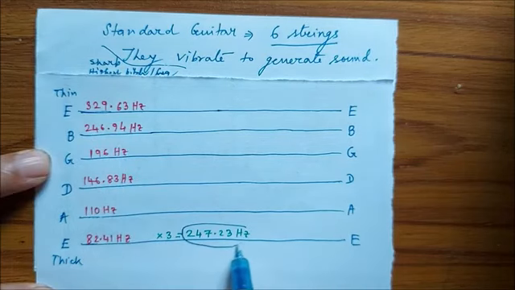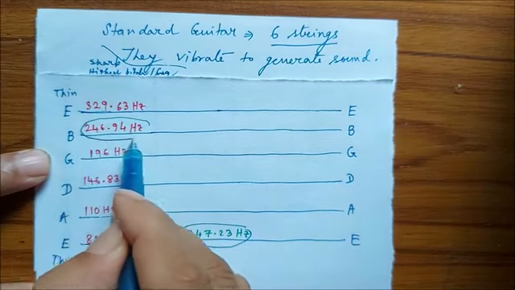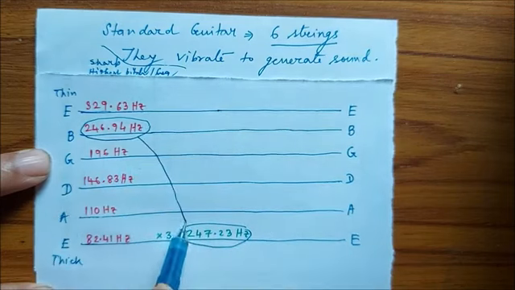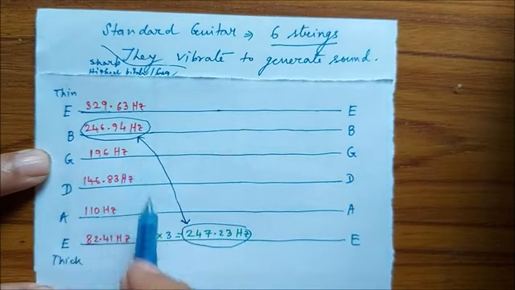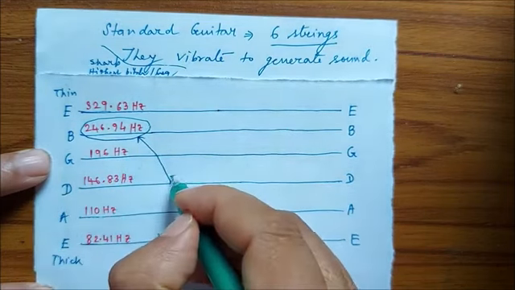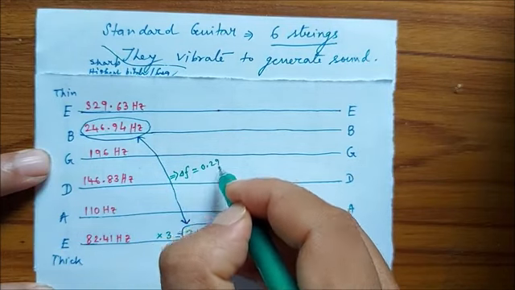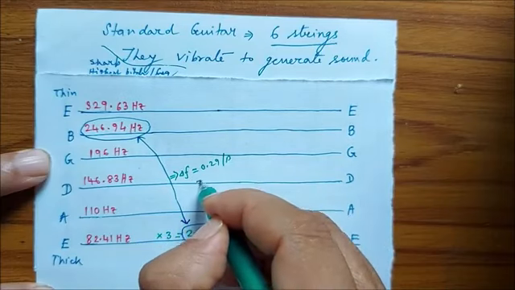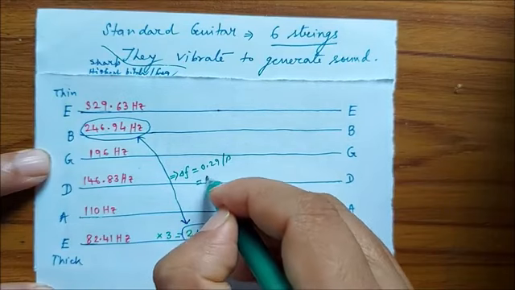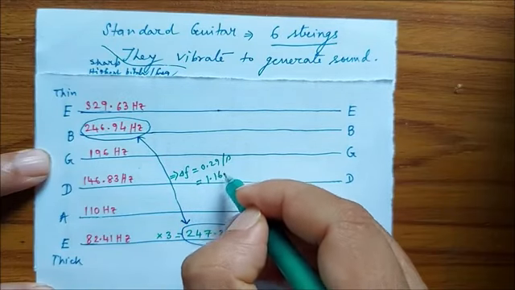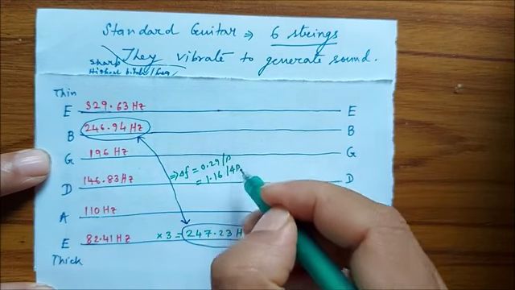So these two frequencies when struck together will produce beats 0.29 per second, and if we multiply by 4 we end up with 1.16 per 4 seconds.